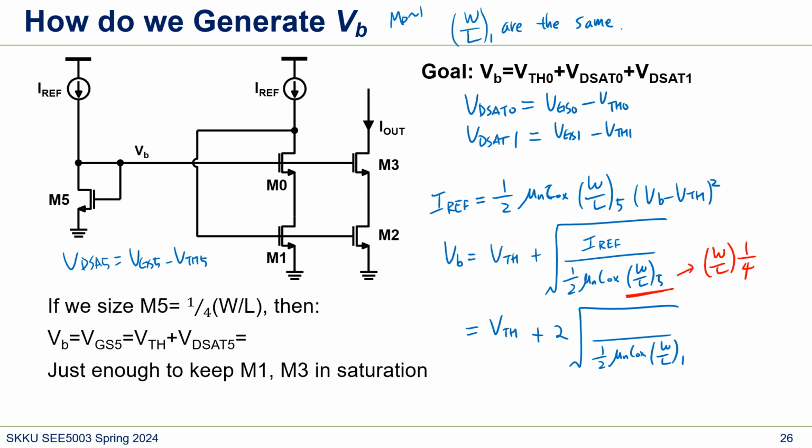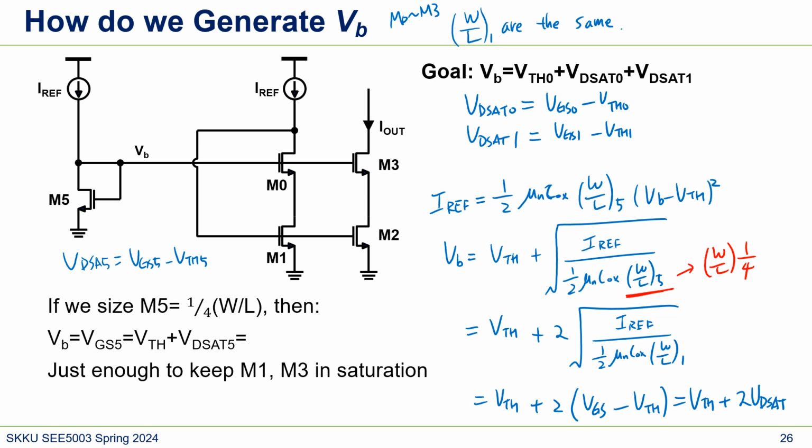M0 to M3 have all the same W/L and IREF. And it turns out VTH plus 2 times this value, which corresponds to VGS minus VTH, right? Which is VTH plus 2 VDSAT.